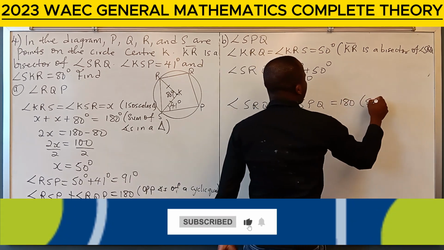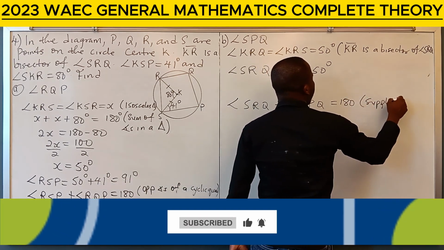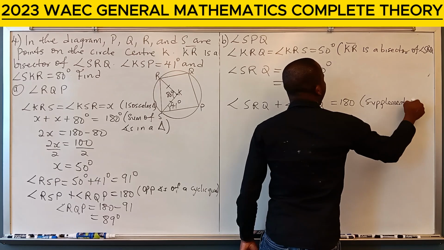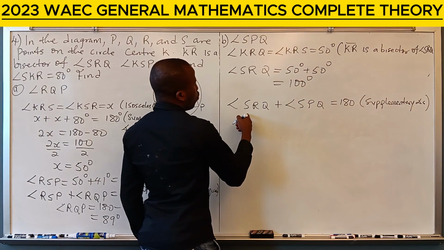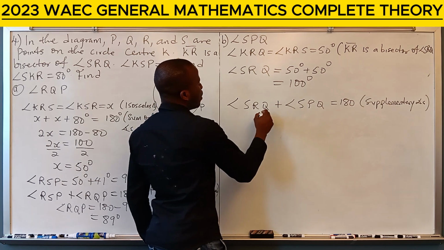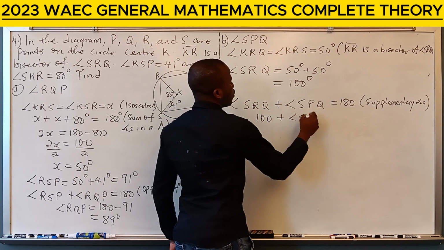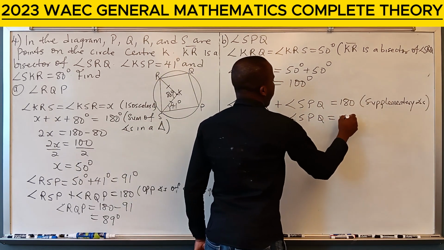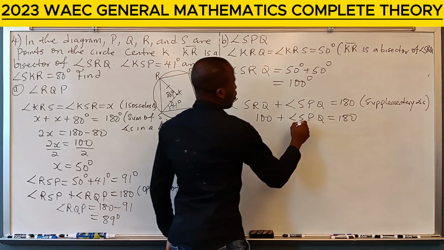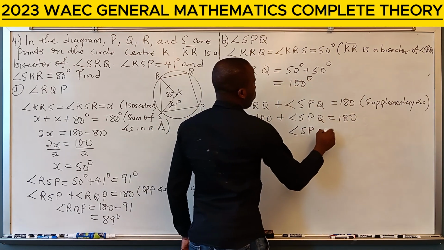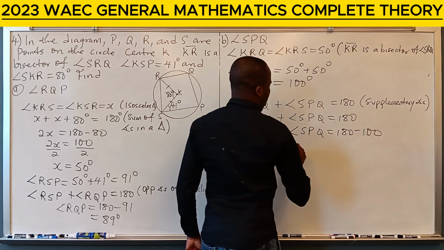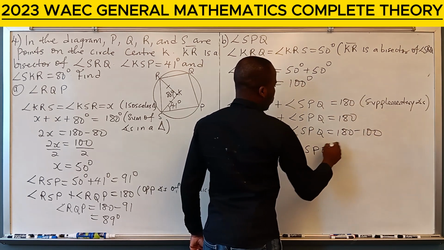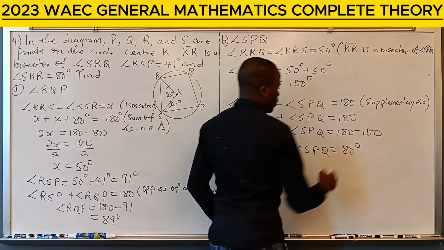The reason is supplementary angles. And so we have gotten SRQ as 100 plus angle SPQ. And so angle SPQ will be 180 minus 100. Angle SPQ is 80 degrees.